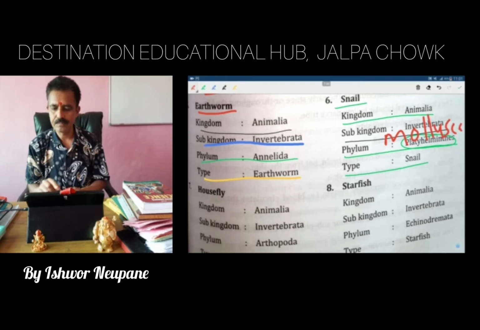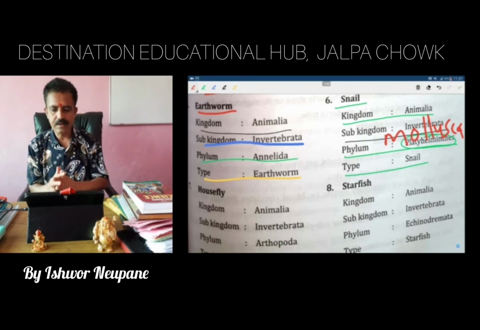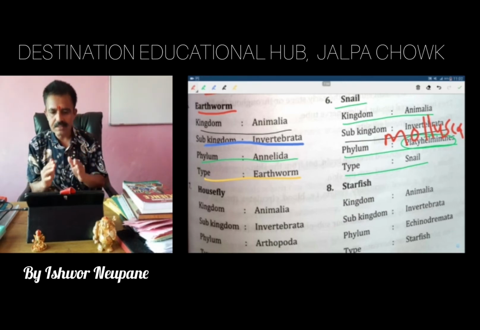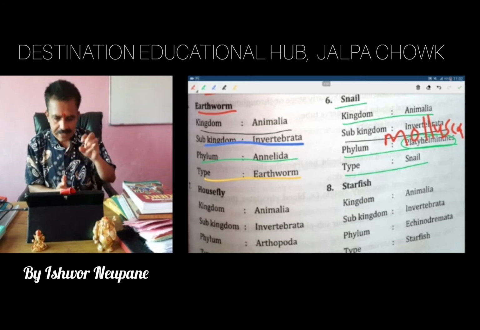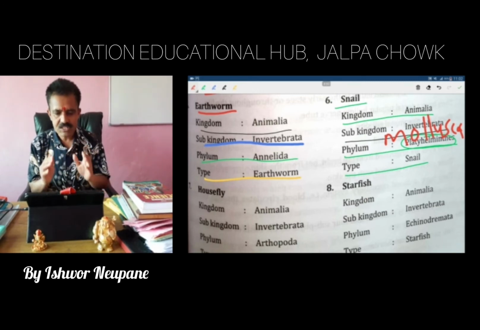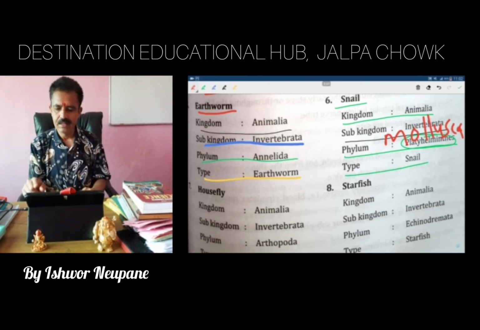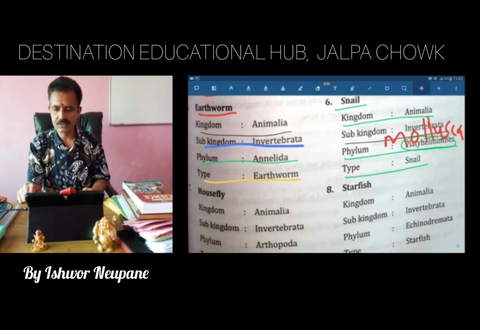Mollusca, okay? Characteristic of Mollusca? Its body is covered by a hard calcareous shell. Or the body is divided into head, visceral mass and foot. Clear?